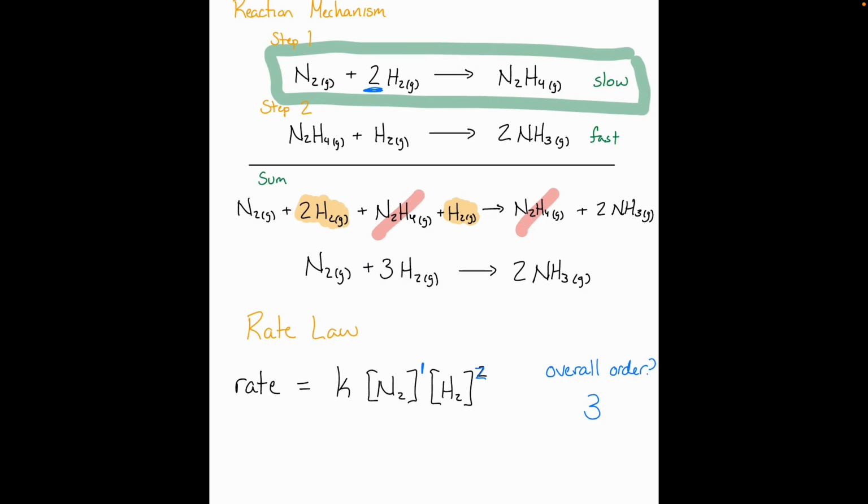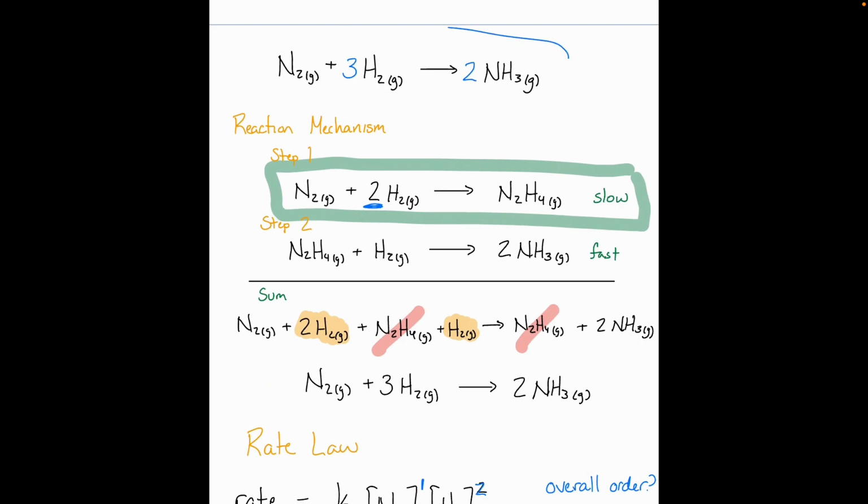So my overall order of my reaction here would be 3. Right? And this isn't something I could have figured out just by looking at that overall balanced chemical equation. But if I had that extra special piece of information we call our reaction mechanism here, then I can figure out my rate law.